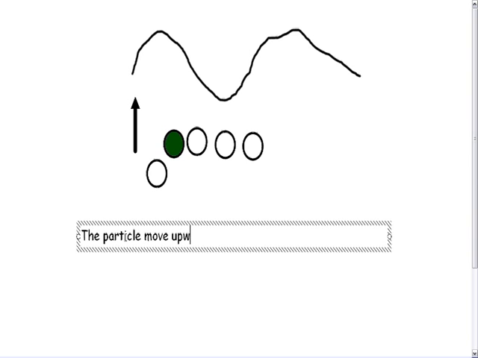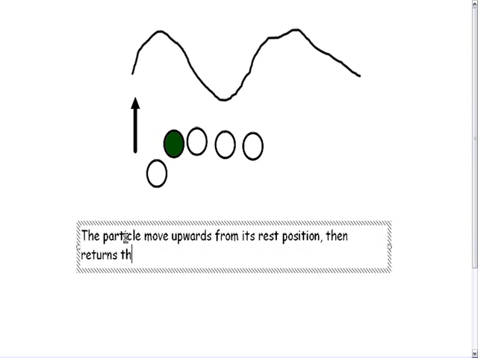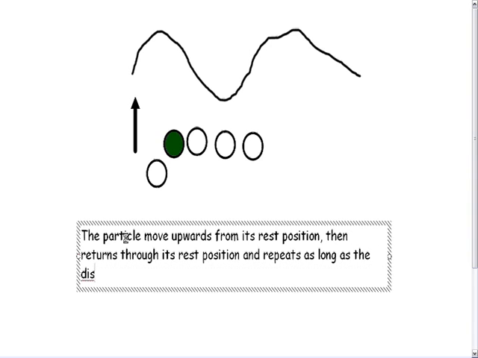We've made it upwards, so the particle moves upwards from its rest position, then returns through its rest position and repeats as long as the disturbance continues. It will eventually return to the rest position.